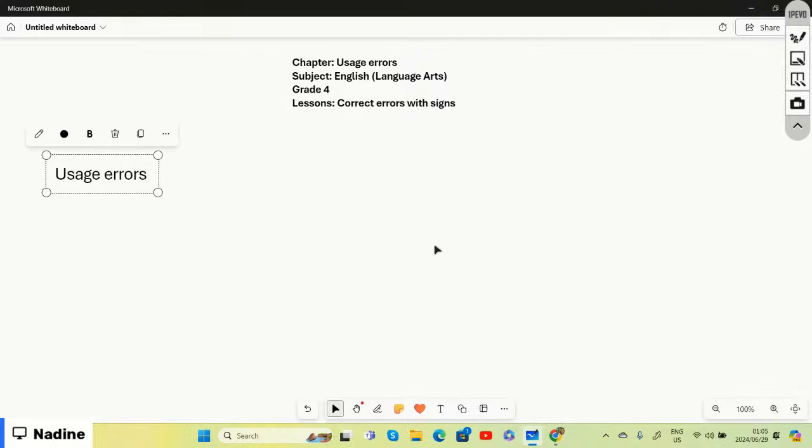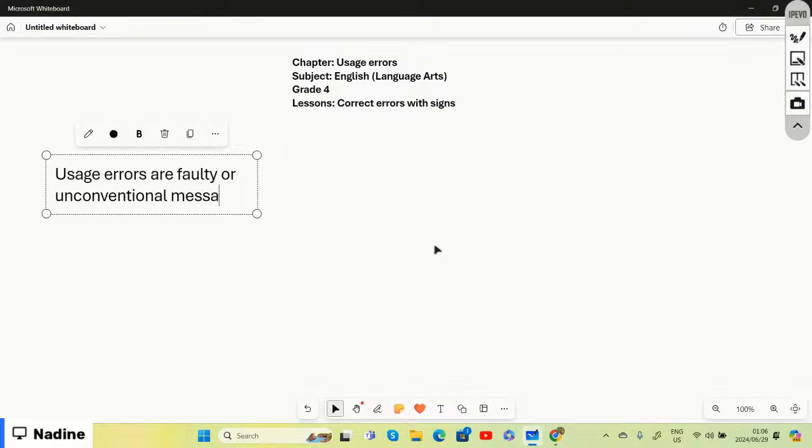We can say that usage errors are basically things that are faulty, or basically unconventional messages, or say signs, right?